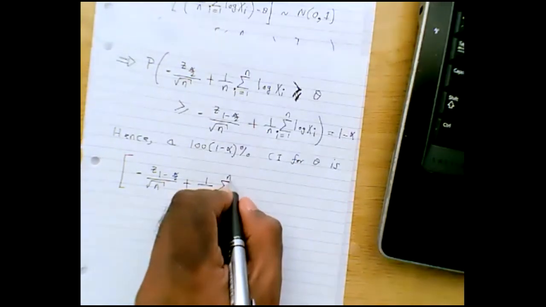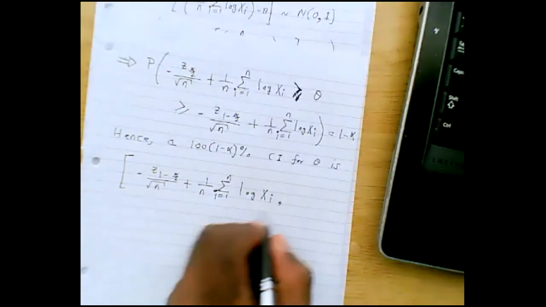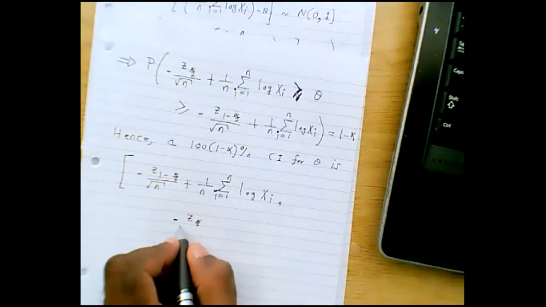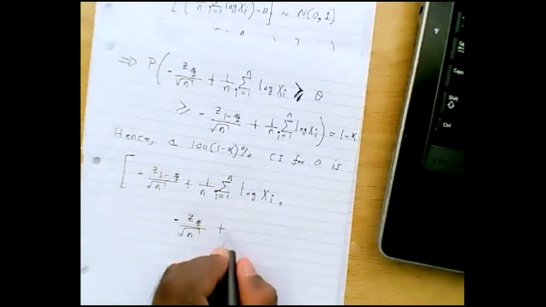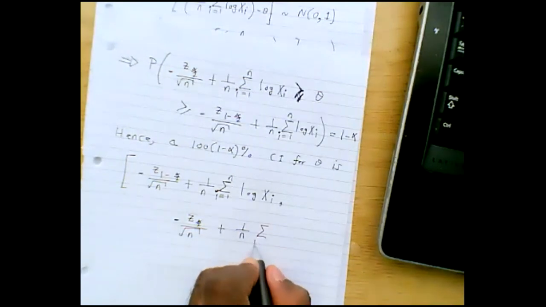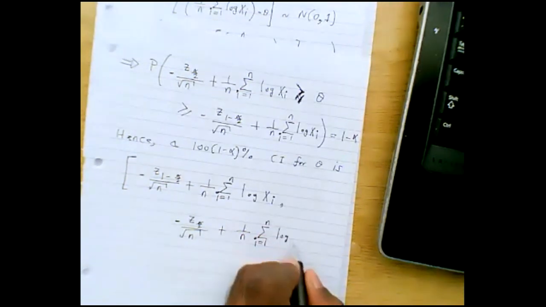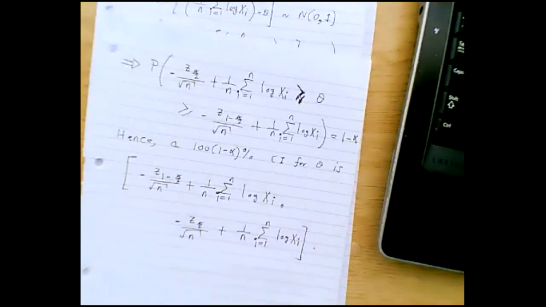This is the lower limit, and the upper limit is this one. All right. Is this example clear or not? So this is an example on the log normal.